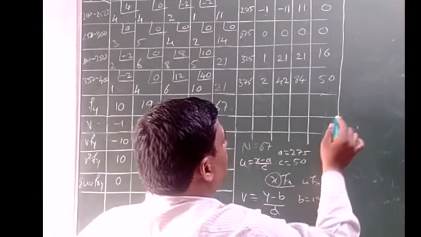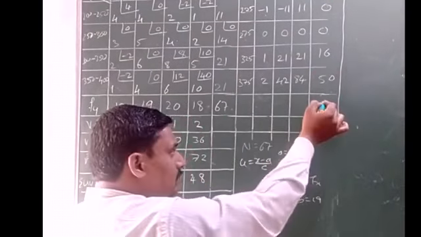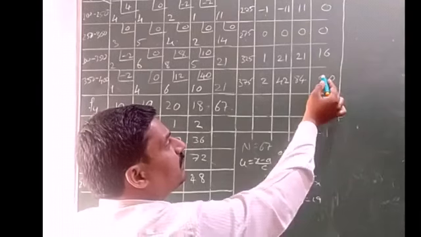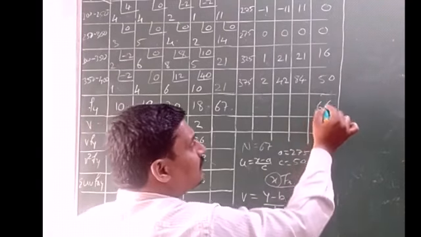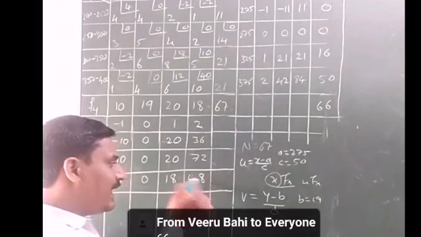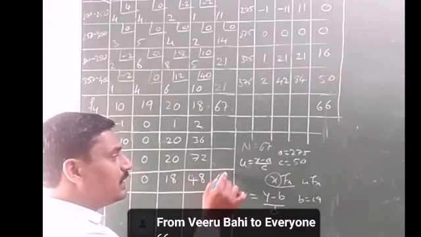Now make the total here and here also. The total of both should be equal. So let us check. 50 plus 16 is 66, and here 48 plus 18 is 66.